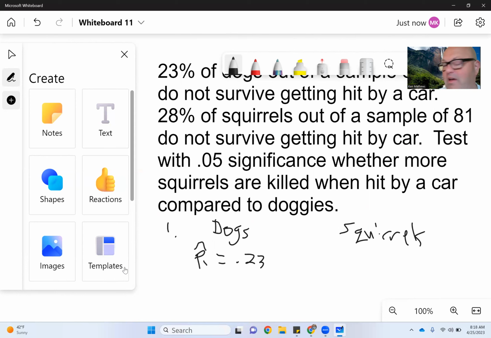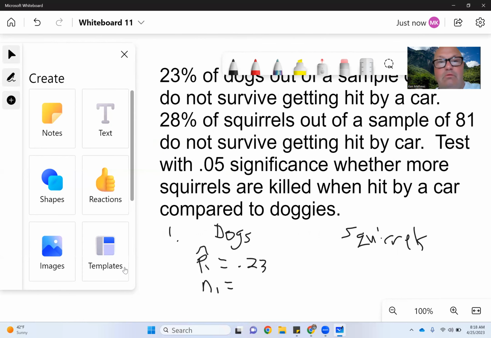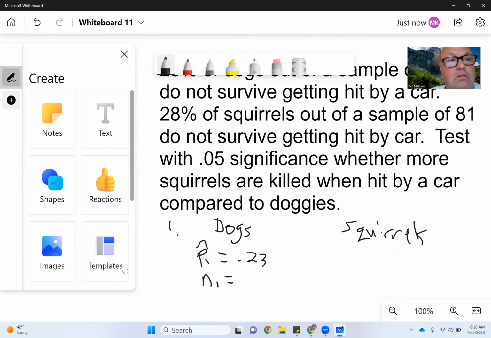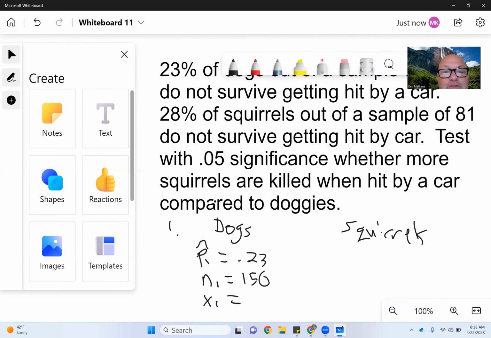We also have our sample size, which we'll call n1, and that is 150. We also have the number of successes for dogs, which we call x1. The number's not given, but we do know that it's 23% of 150.